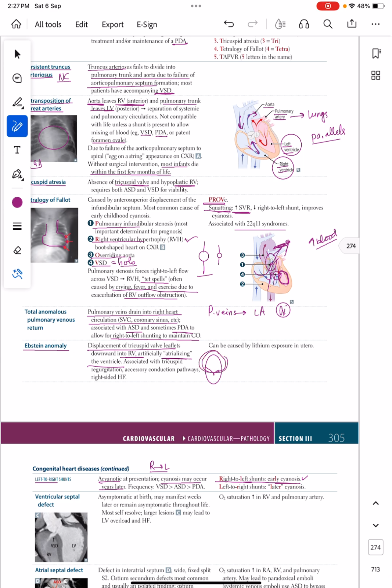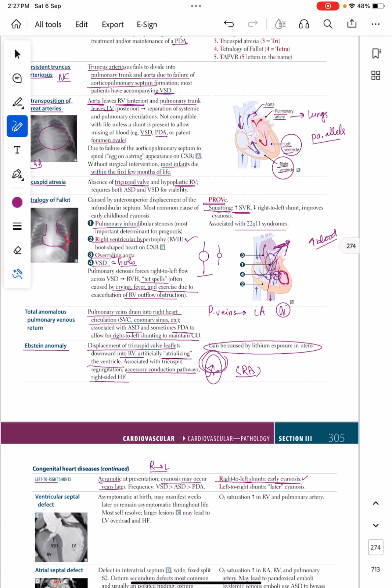So it is associated with tricuspid regurgitation. This leakiness of the valve occurs, the right atrial pressure keeps rising, and it also dilates the right atrium. Due to that dilatation, an accessory conduction pathway develops, and there is right-sided heart failure as well. It is caused by lithium exposure in utero.